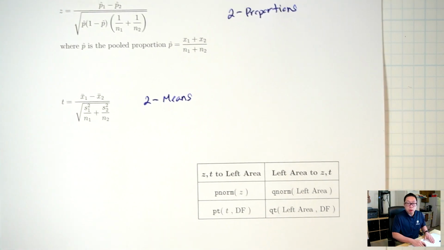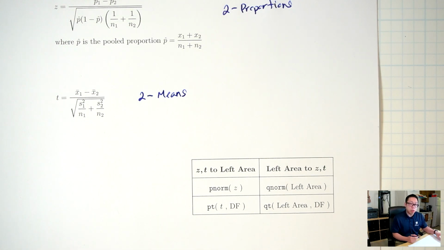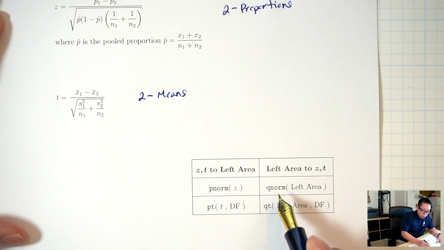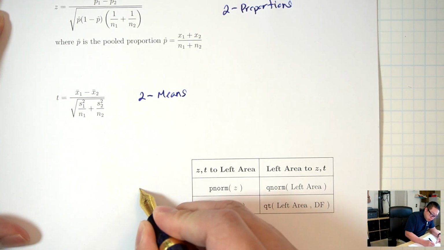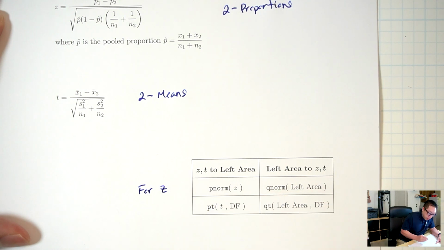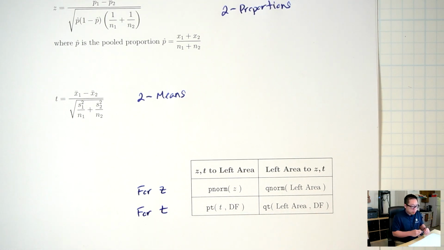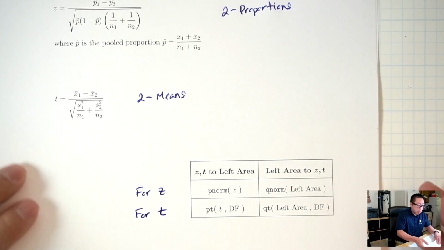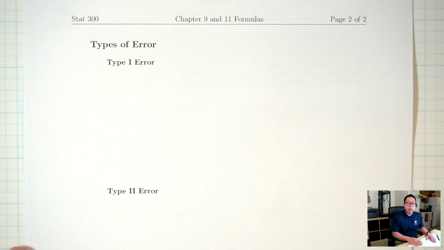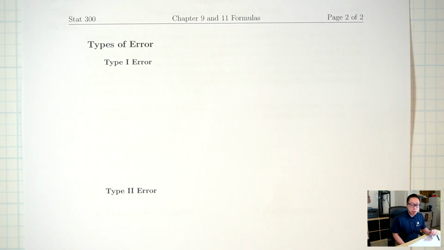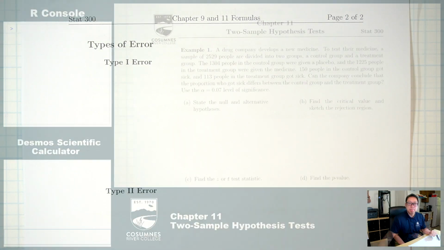And then the box at the bottom, same as last time, these are your commands in R. P norm, Q norm are going to be for your Z situations. PT, QT are going to be for your T situations. On the second page are types of error. Let me skip this for now and come back to this when we actually encounter them. And let's jump to example 1.